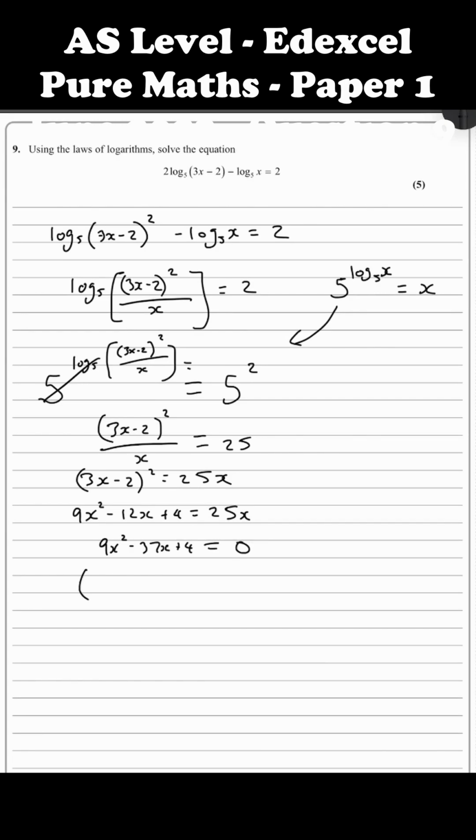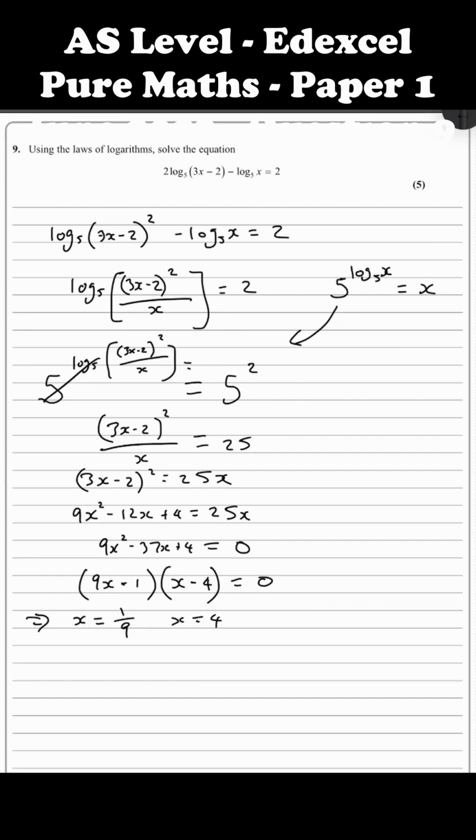We can factorize this, so this is going to be 9x on one side, and then we need just an x here to make the 9x squared up. To get to 37, we're going to need to do the 9x multiplied by minus 4 to get to minus 36x, and then minus 1 here to get the minus 37x, which means our solutions are x equals 1 over 9 and x equals 4.